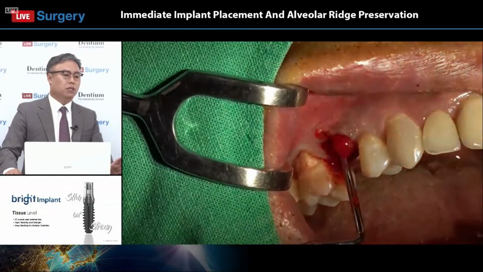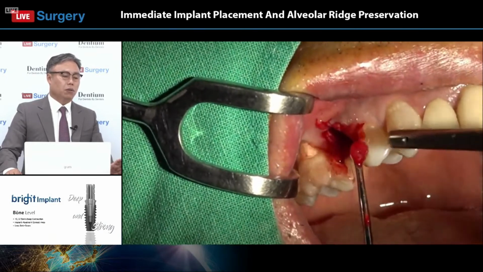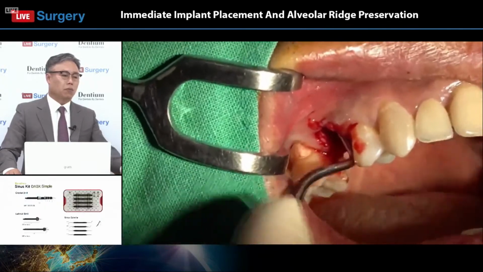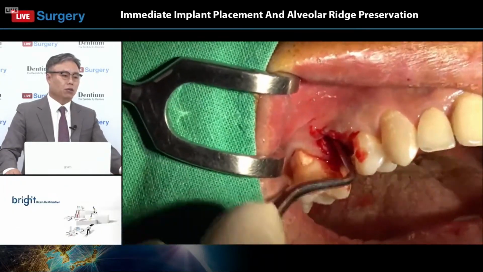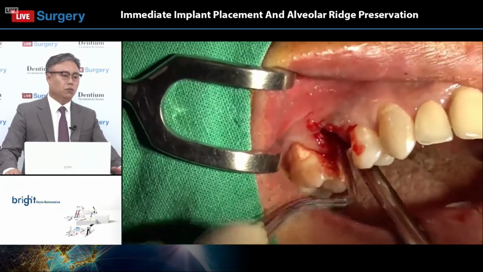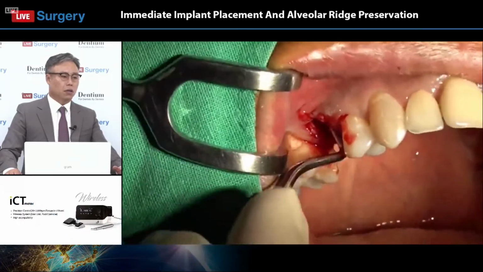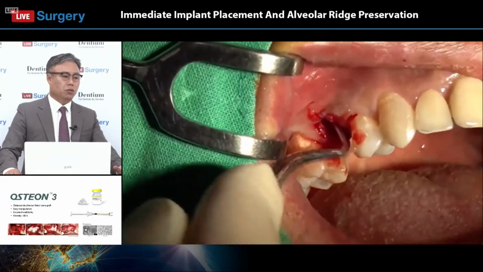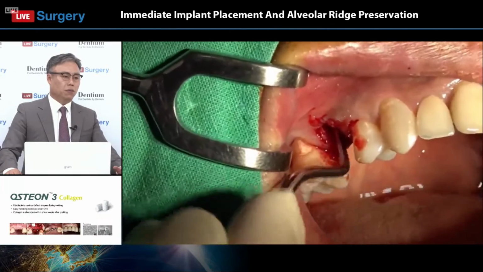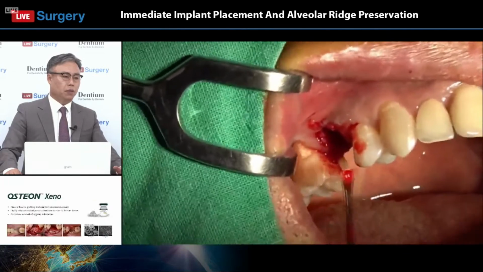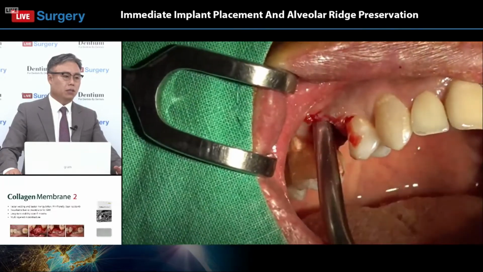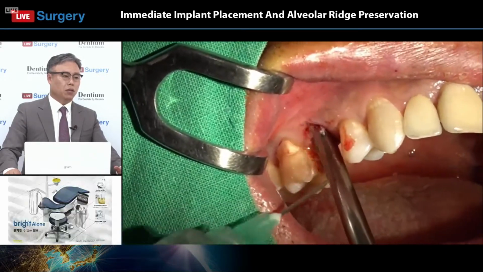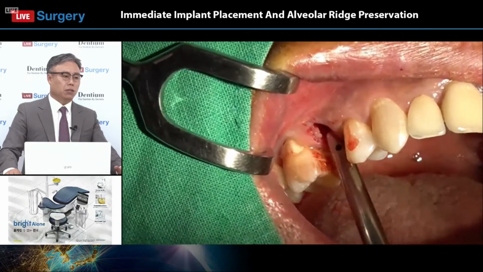If the buccal bone is damaged too much, we have to apply a collagen membrane, a barrier membrane, on the buccal side to compensate for the loss. Thorough removal of the granulation tissue is also being performed. That is very important. I think the buccal bone is not damaged too much, so it could probably be a good indication for immediate implant placement.